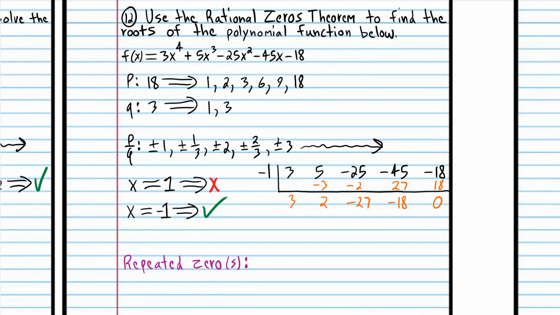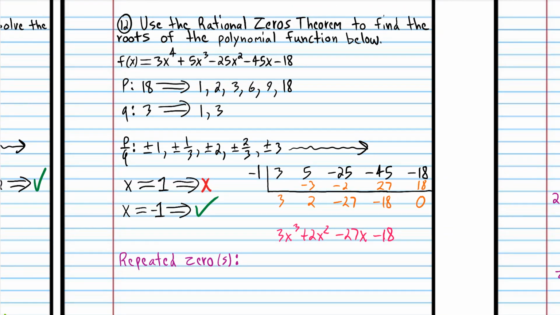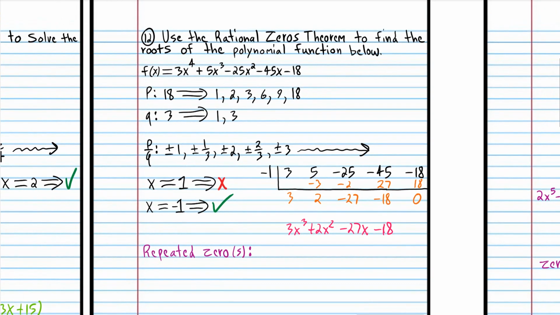Okay, so now you want to write your depressed polynomial. So if you haven't done that, go ahead and write your depressed polynomial. So the depressed polynomial should be 3x cubed plus 2x squared minus 27x minus 18. So if you got that depressed polynomial, good job.